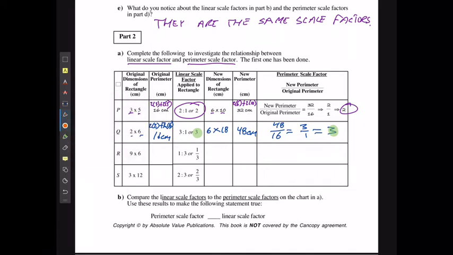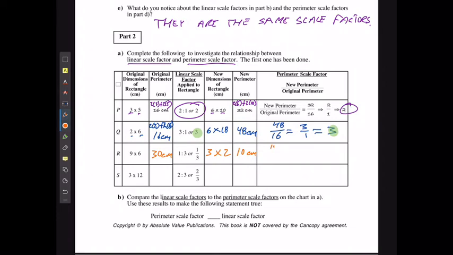Going on to the third one, in this case, I have a perimeter of 30, and now I'm going to do a reduction. I'm going to have a scale factor of 1 to 3, or 1/3, which means I'm multiplying 9 by 1/3, or dividing 9 by 3, and I get 3. 6 times 1/3 is going to be 2, so I've actually made it smaller in this case, and my perimeter is going to be 10.